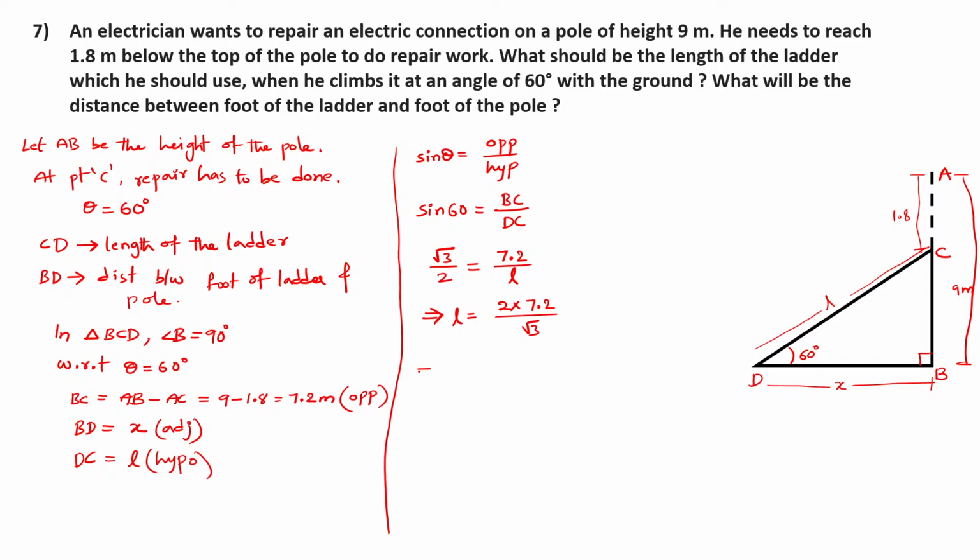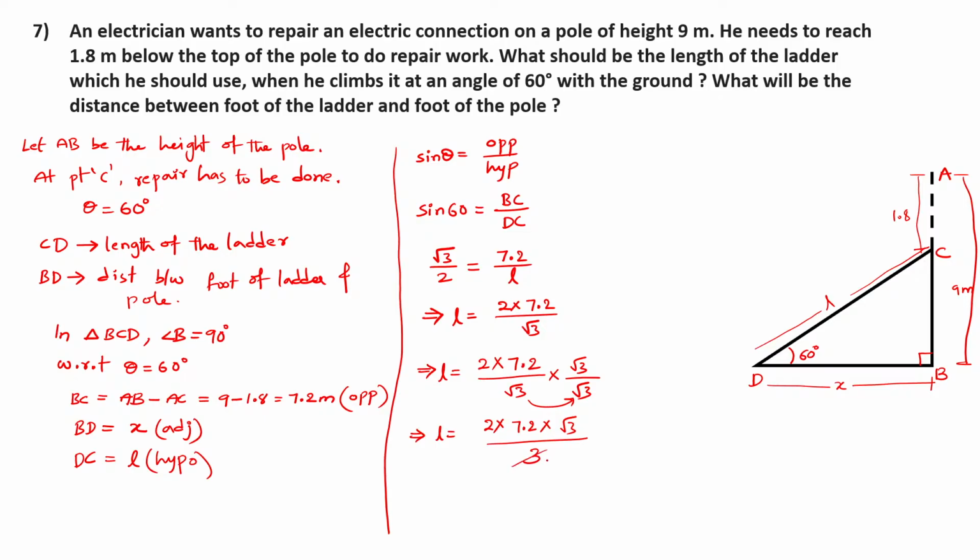Rationalizing the denominator, we get L is equal to 2 into 7.2 by root 3. We multiply by root 3 and divide by root 3. Next, L is equal to 2 into 7.2 into root 3 by root 3 into root 3, we get 3.